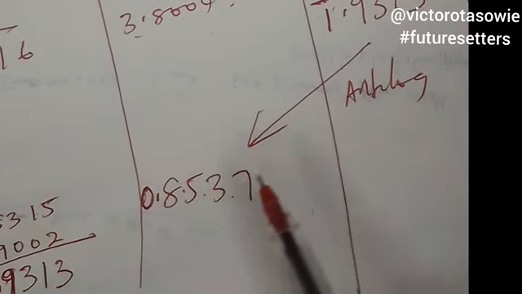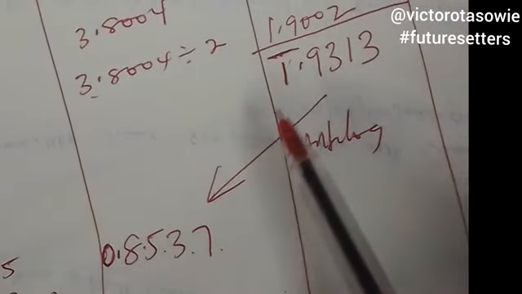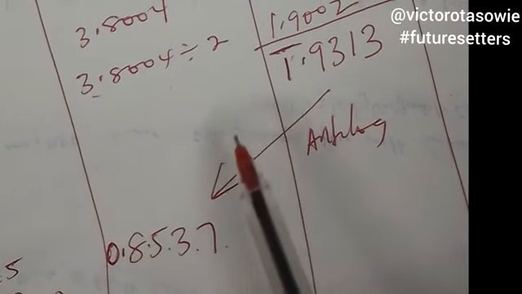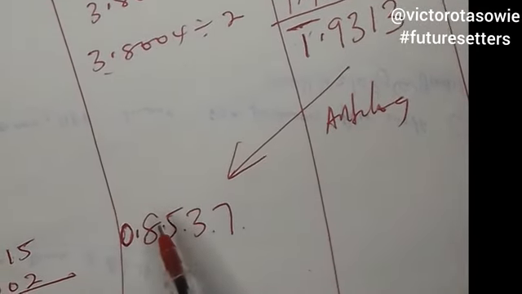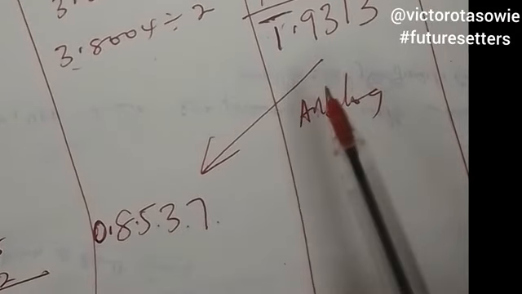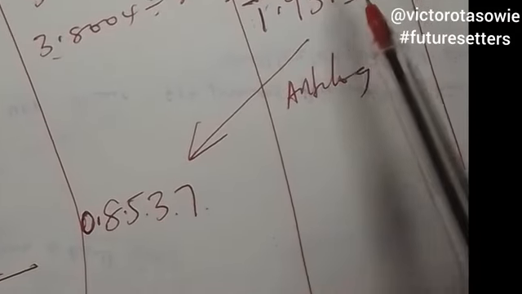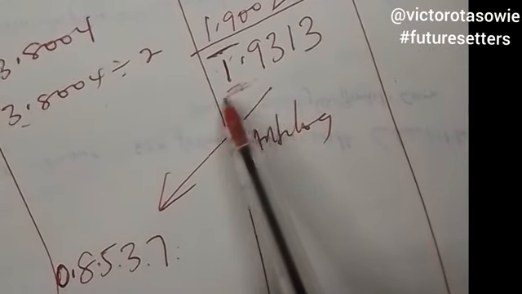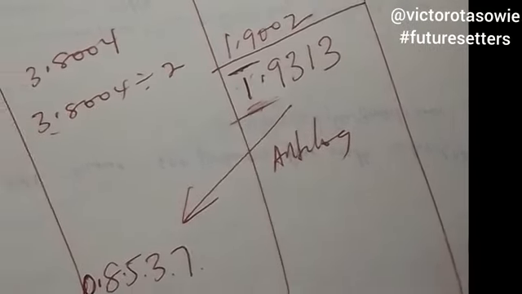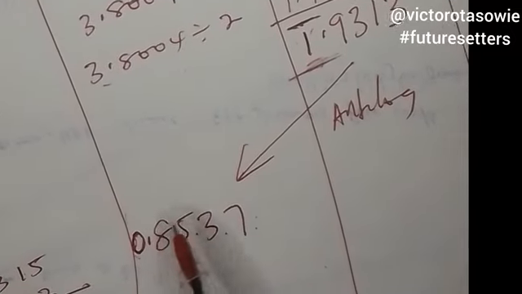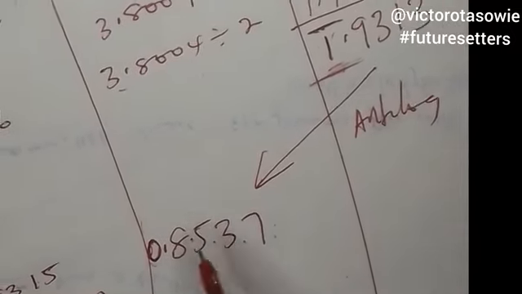That's why you have 0.8537. So this number in front indicates where you are going to place your decimal point, before the number you find the antilog of.